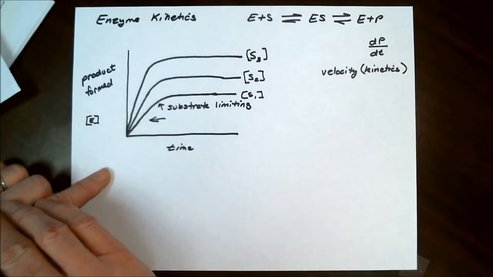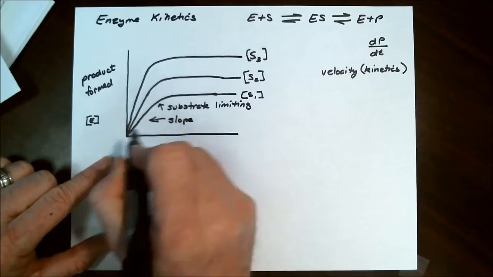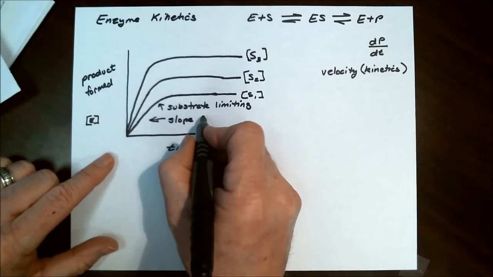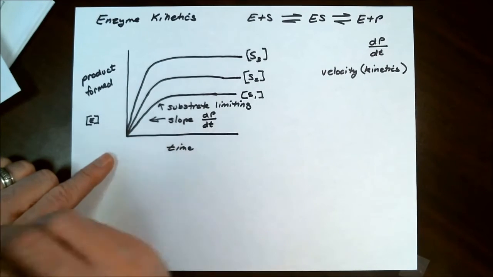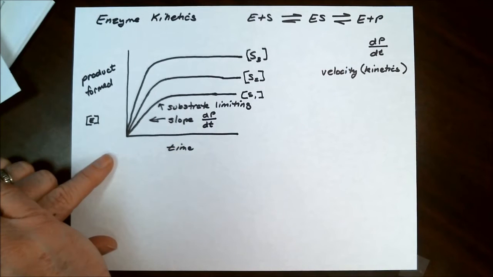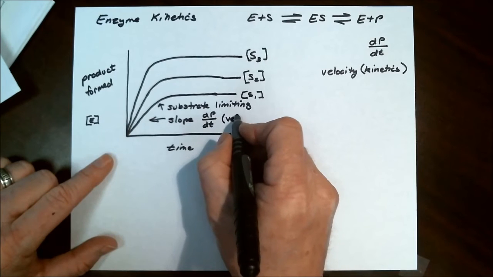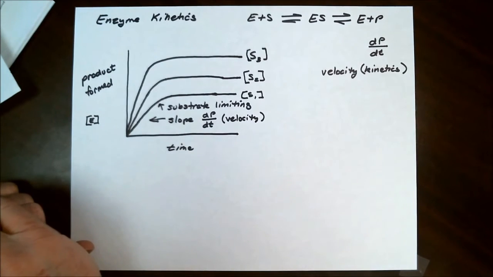So what we're going to be interested in is the slope. And the slope, again, is change in product over change in time. And this will equal velocity of the reaction.